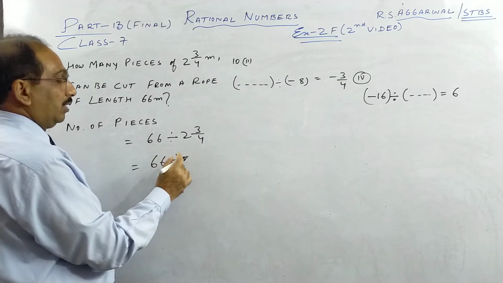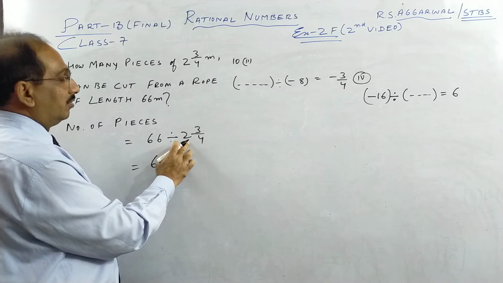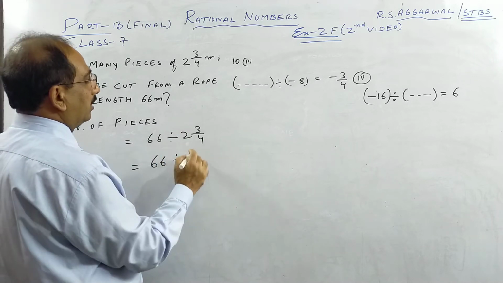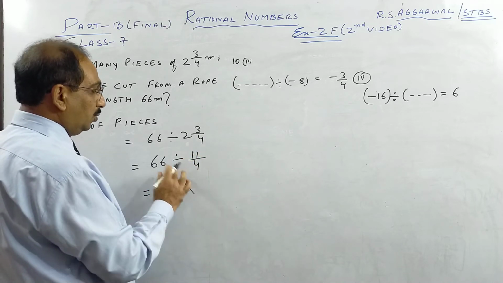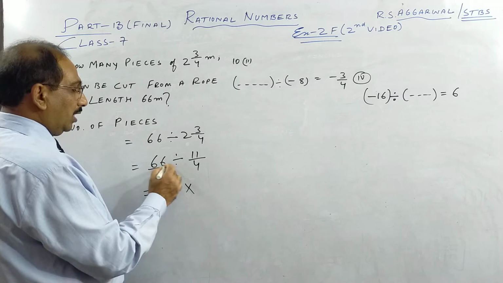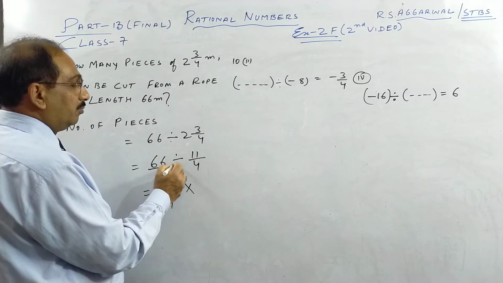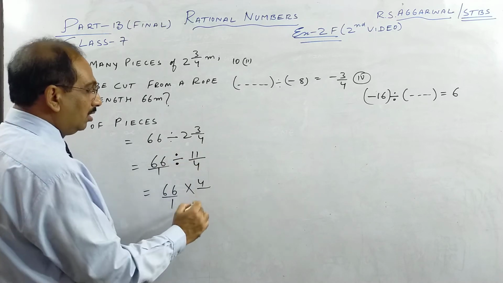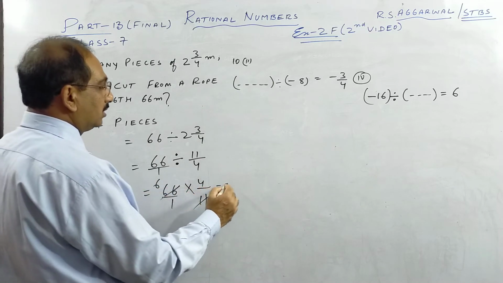Before I make it into multiplication, first I will convert it to an improper fraction. 4 2's are 8 and 3, 11 by 4. 66, then you do into, you can have 1 over here if you wish, nothing is there. Division, when it becomes multiplication, the denominator becomes the numerator, the numerator becomes the denominator. 11 6's are 66.